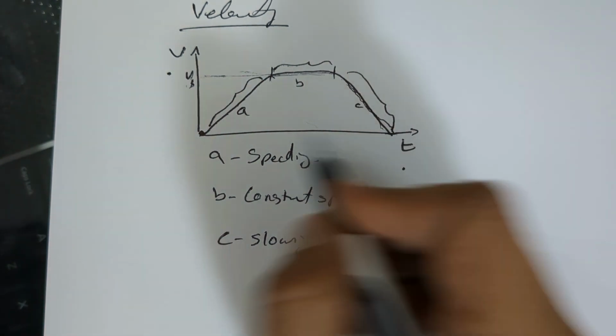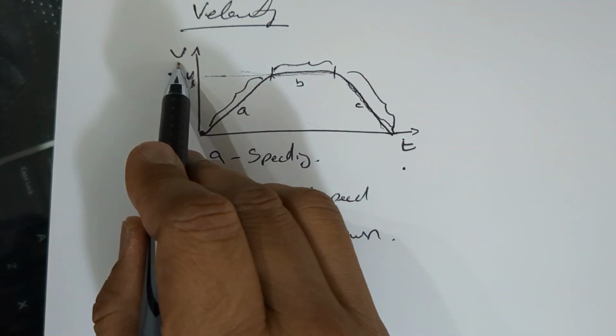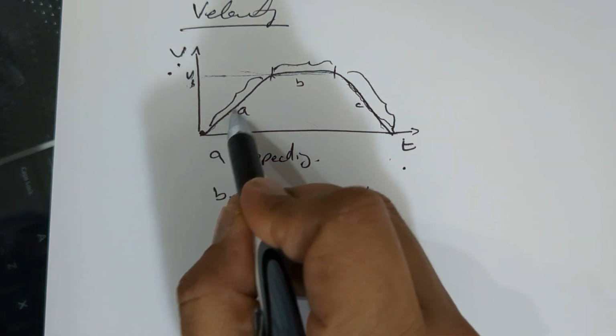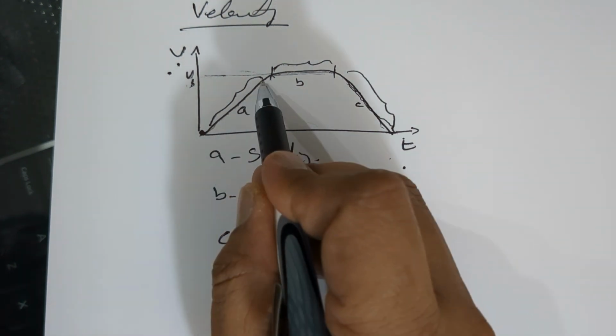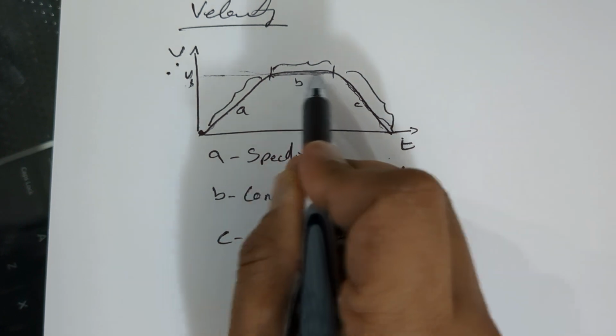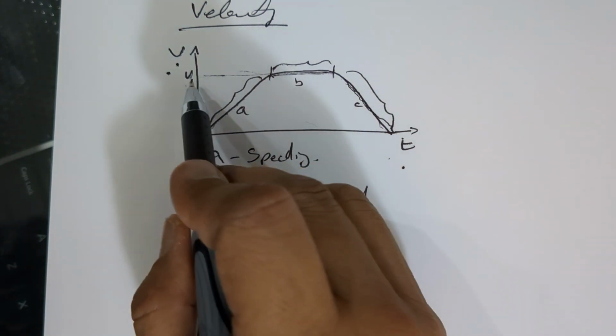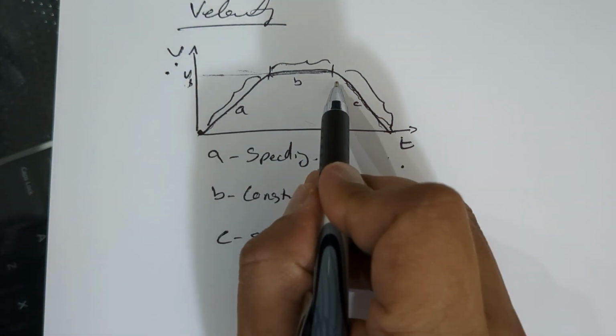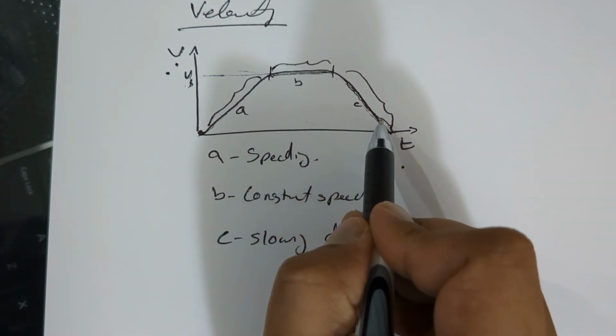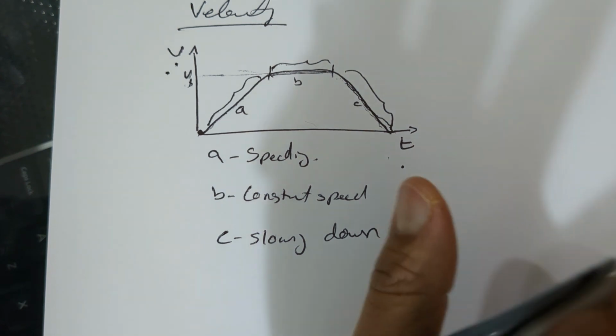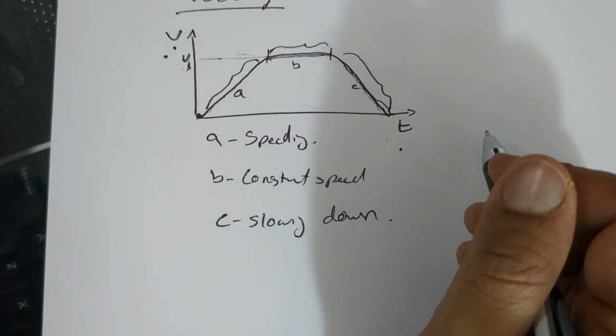So that's decreasing. Again, on a velocity-time curve, positive slope means you're speeding up. If it's a constant line, you're not accelerating or decelerating, you have a constant velocity. And then you're slowing down. All right, so that's velocity.